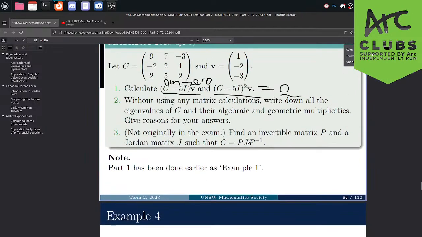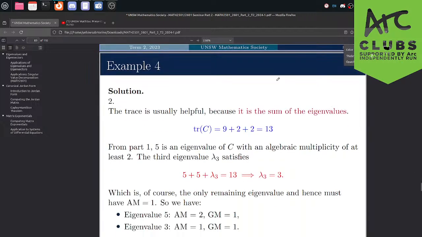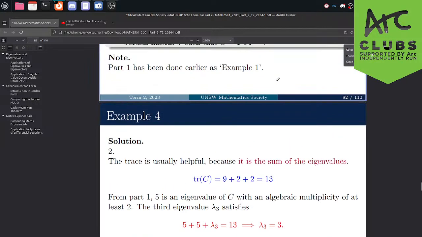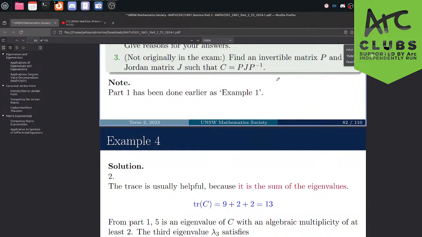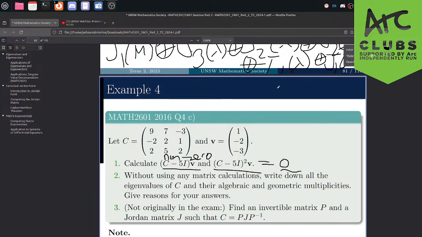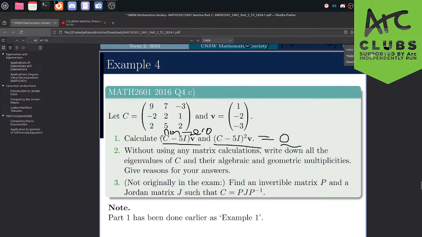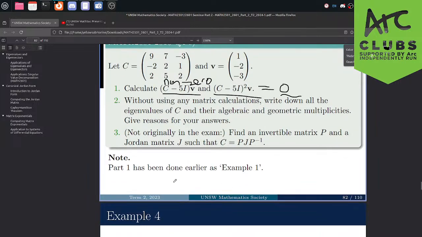Secondly, we know that 5 is an eigenvalue. We also know that 5 is an eigenvalue of at least algebraic multiplicity 2. This might not be so clear as to why, but basically the idea is you can imagine your block diagram if you want, or your increasing set of kernels.